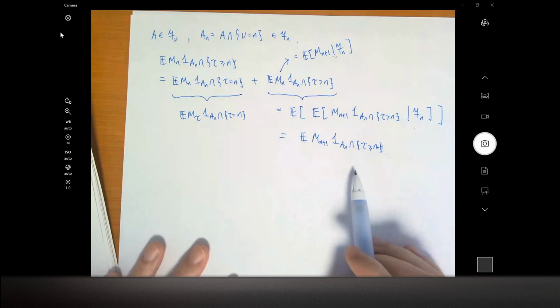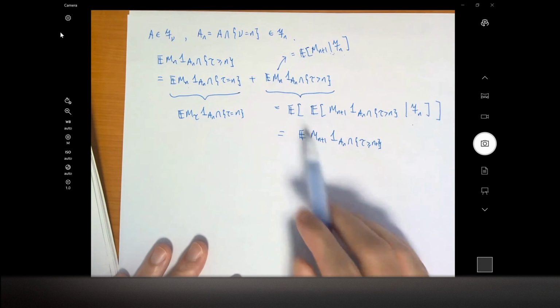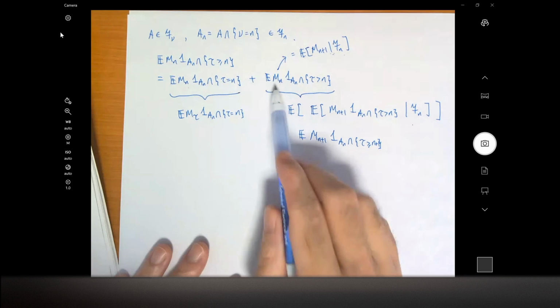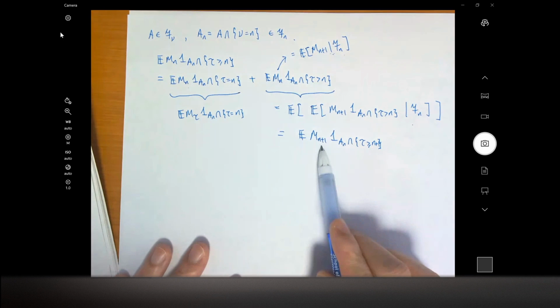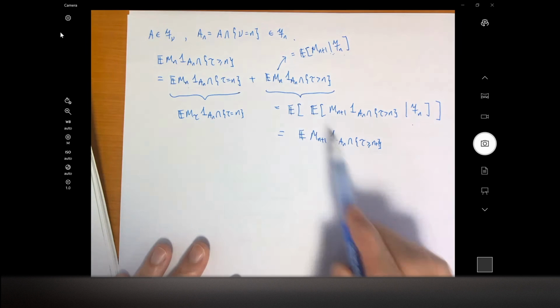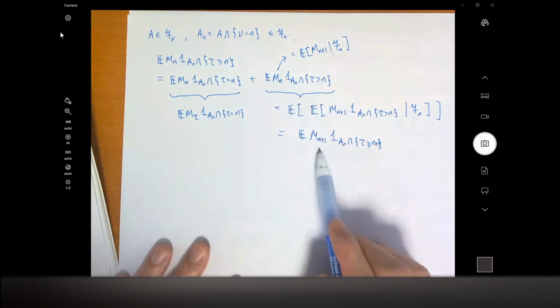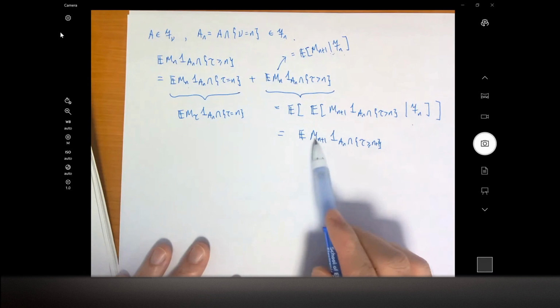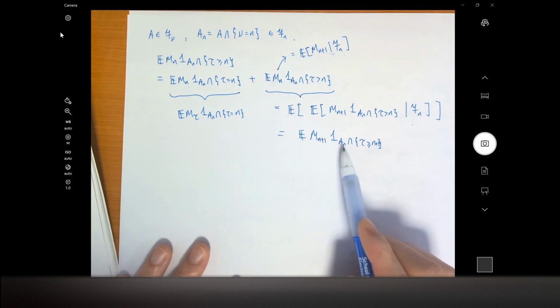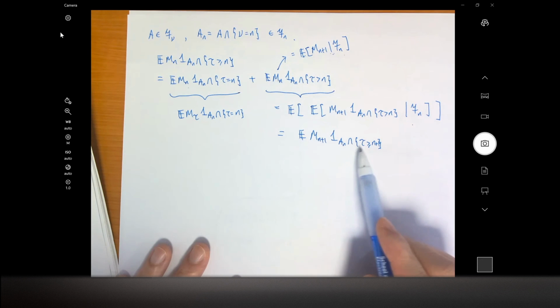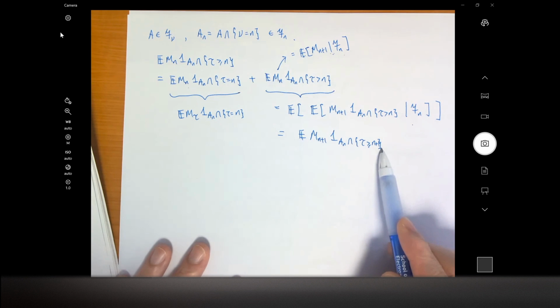So what have we done? We have shown that the n becomes n plus 1, but the A_n stays the same. If I do the same thing all over again, I will be able to show that this equals the expectation of M_{n+2} with the indicator A_n intersect tau bigger or equal to n plus 2, and so on.